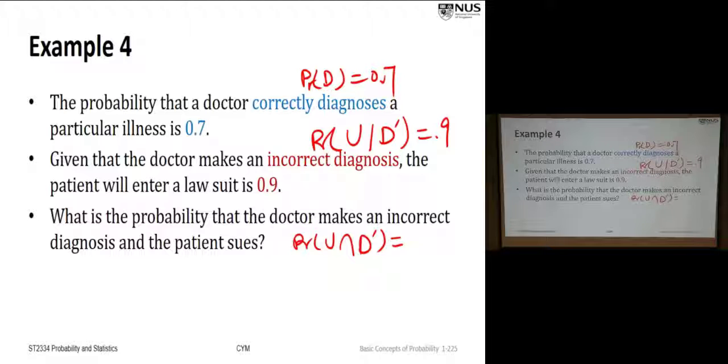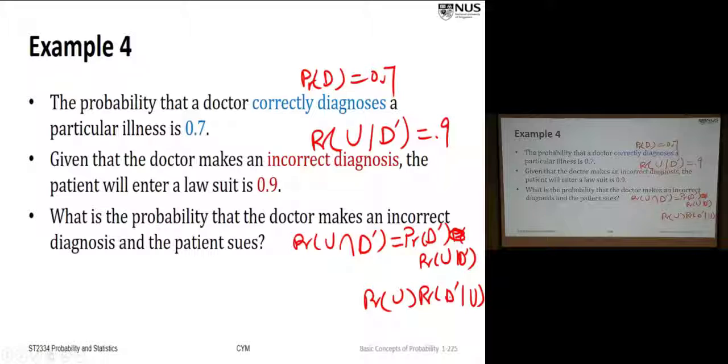This one is equal to, by the product rule, the probability of D times the probability of U given D complement. Or it is equal to the probability of U times the probability of D complement conditioned on U. These two are different ways of getting the probability of U intersect D complement.